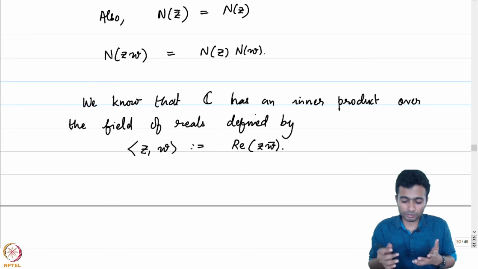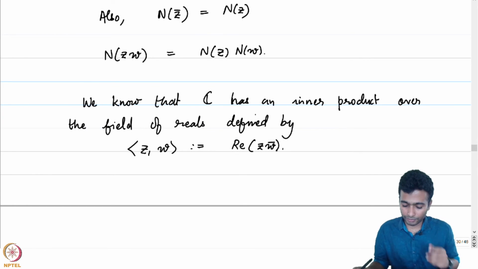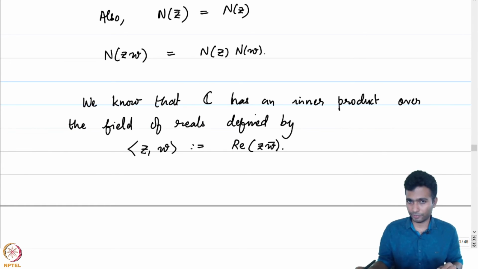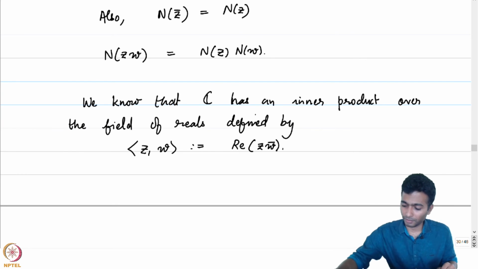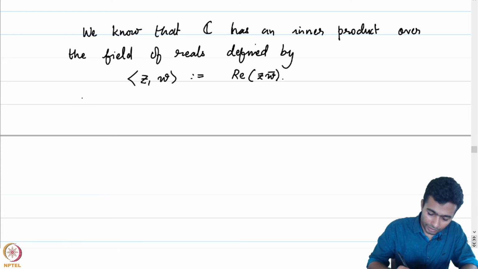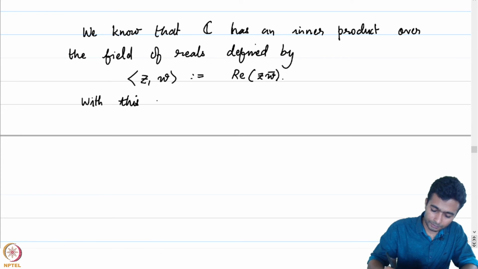This is the standard inner product, which we generally consider on C when considered over the field of real numbers. With this inner product, C is an inner product space. I will not go into the details of checking all that again.